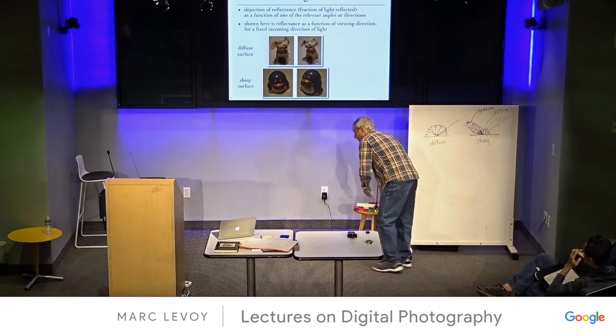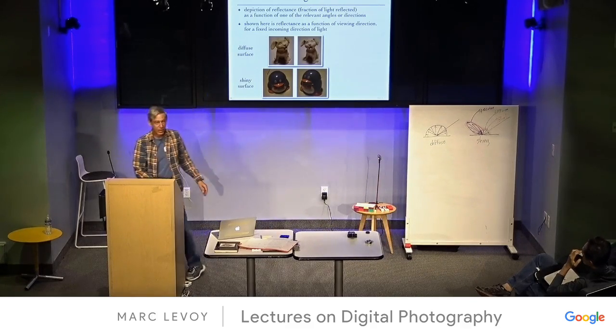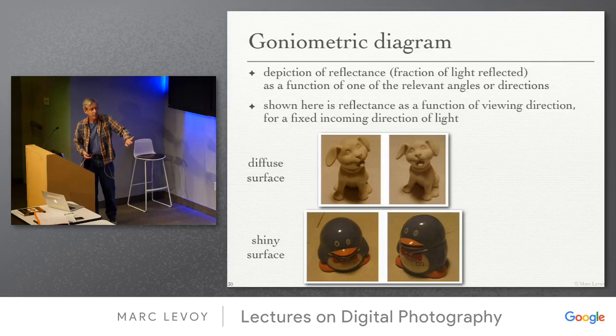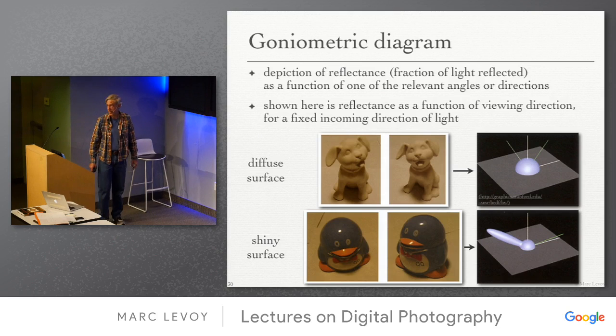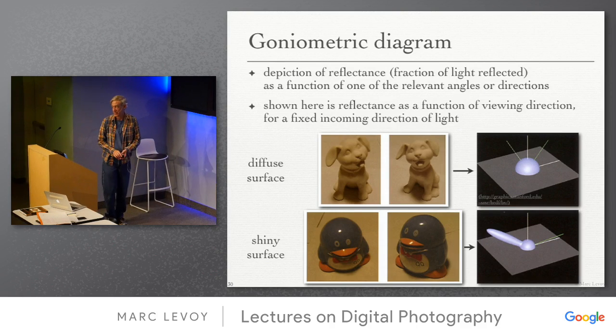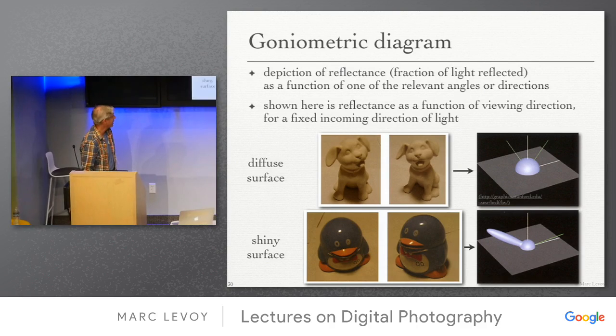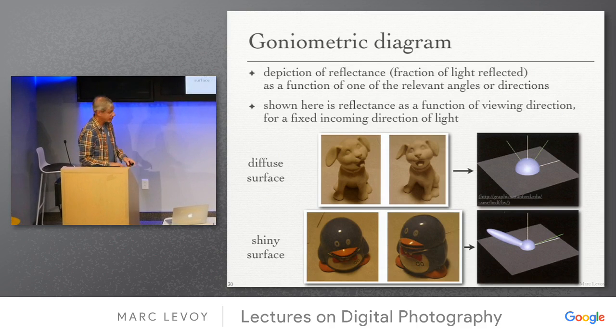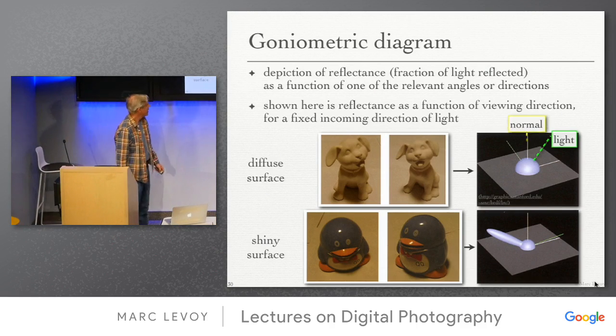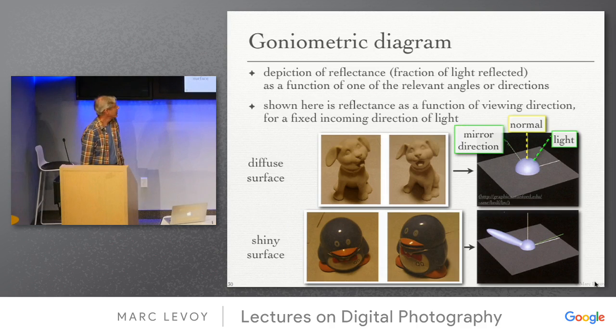All right, so everything I've done here in Flatland can also be done in 3 dimensions, and it looks like that. This is something a student put together at Stanford. And so we've got the light and the surface normal and the mirror direction.